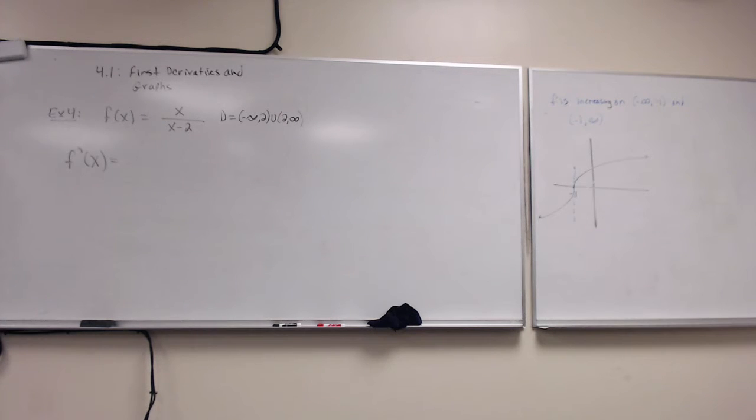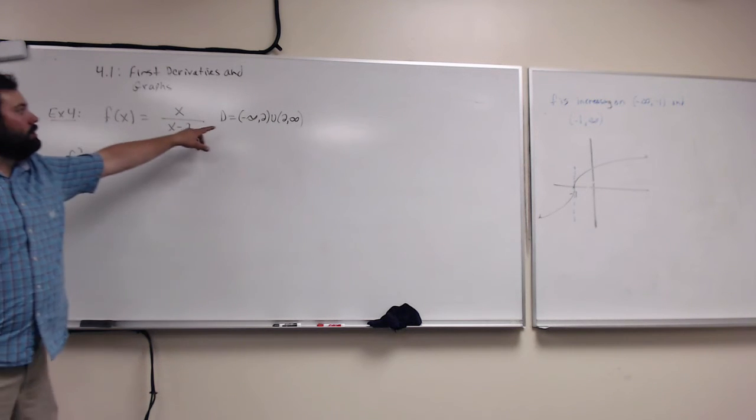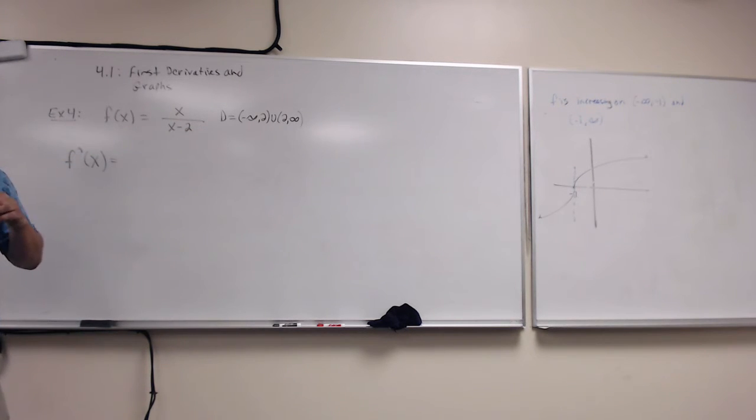The critical numbers really are just where the derivative changes sign, and that tells you where you have the local max and mins. The partition numbers, right, 2 is not in the domain here. We're going to see that 2 is a place where the derivative is undefined. So that's a cutoff point where the function might change from increasing to decreasing.